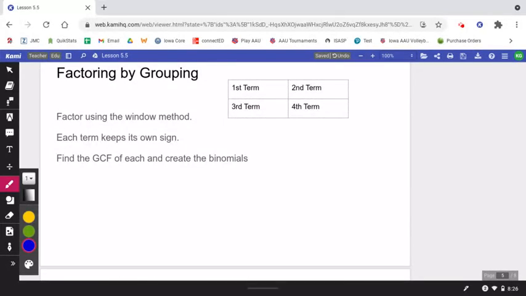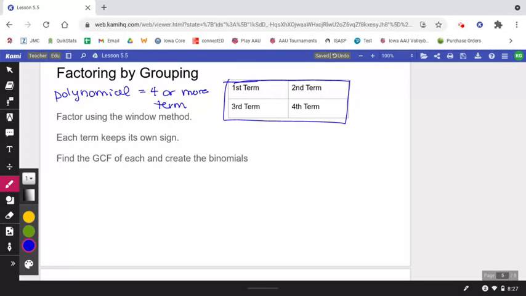All right, then once we've taken out our greatest common factor, if what is left on the inside is a polynomial of 4 or more terms, and that comes from Chapter 5, Lesson 2, we're going to factor using the window method. So in this window here, I start with the first term on the top left, second term, third term, fourth term.